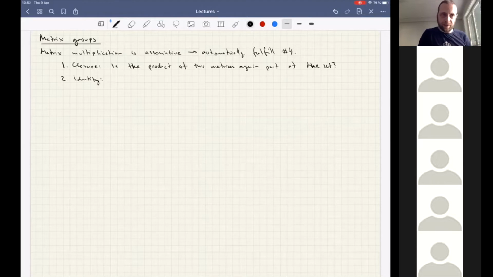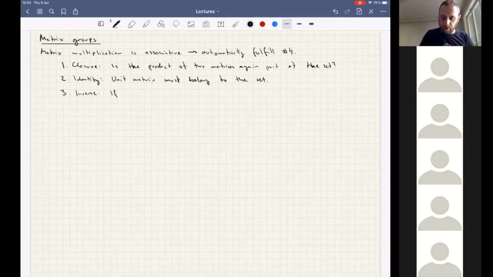And there is only one identity when it comes to matrix multiplication. So it means that the unit matrix must belong to this set. And third is the inverse.